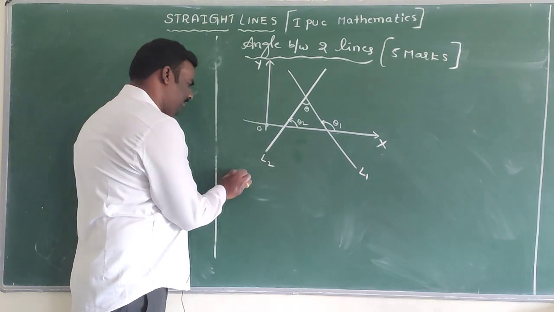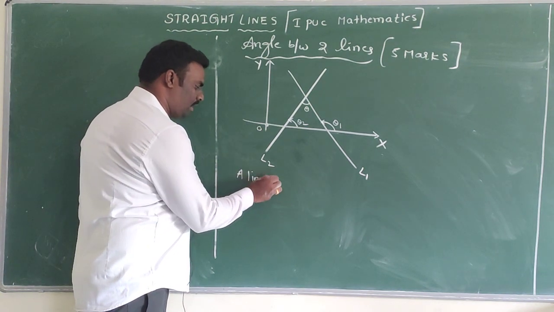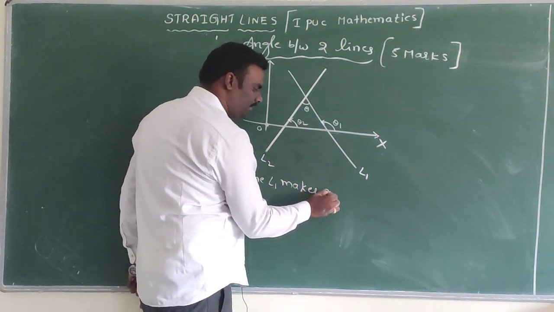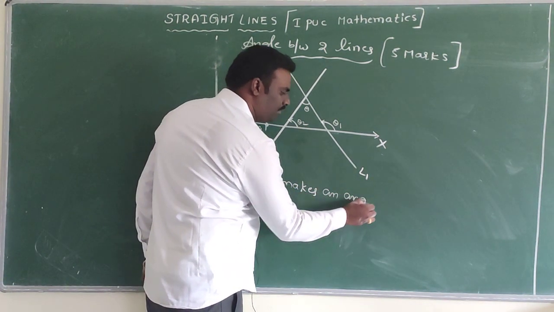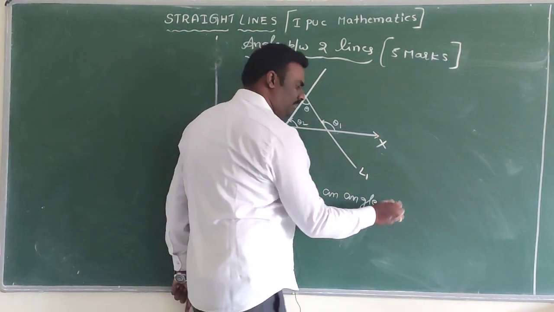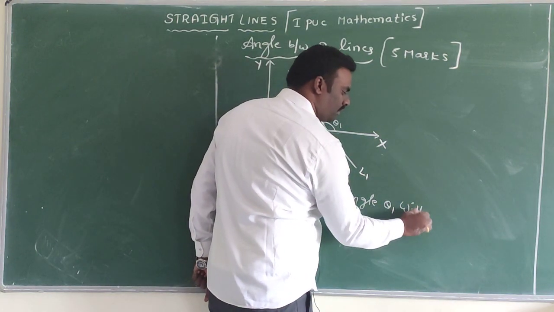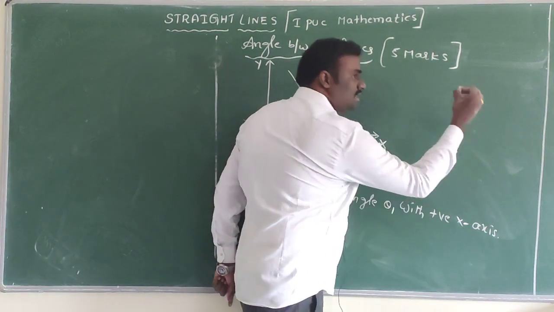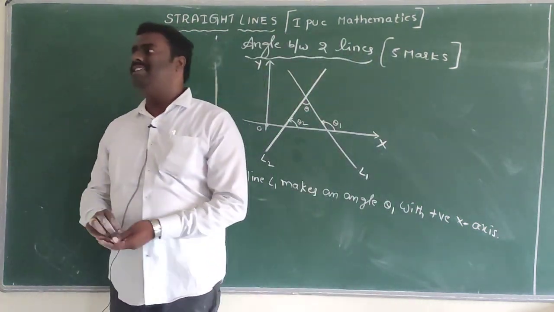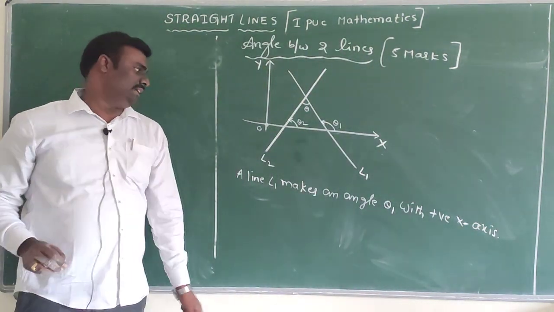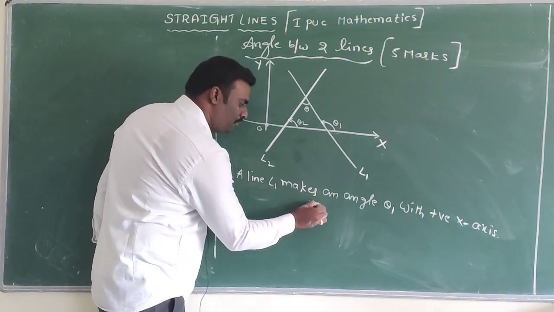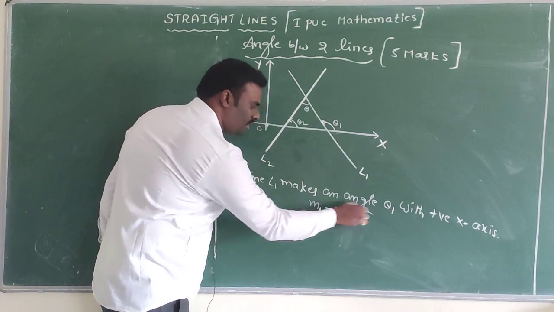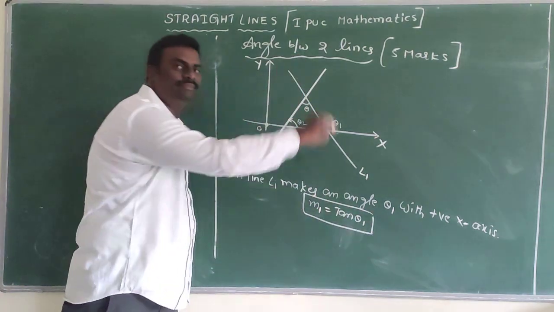Okay, a line L1 makes an angle theta 1 with positive x-axis. Already we know if theta is angle, slope is nothing but tan theta. That's why we can write m1 slope, that is nothing but tan theta 1.